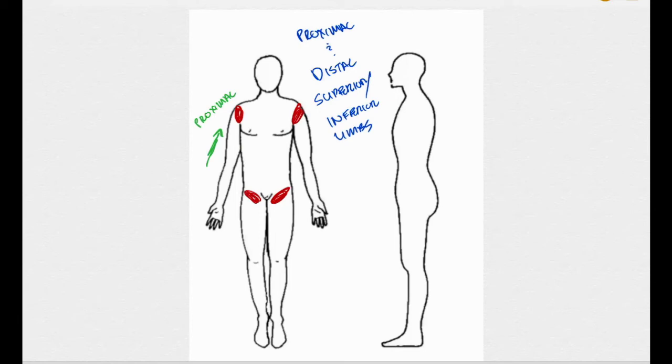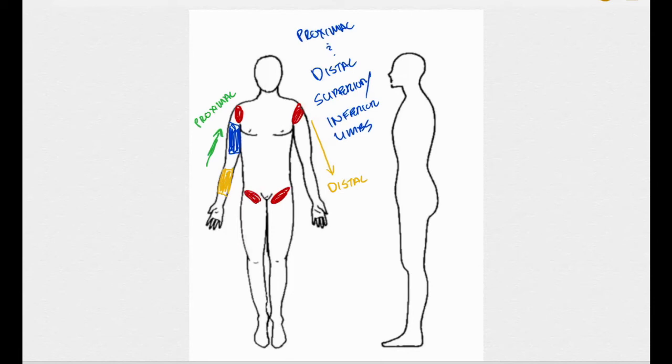Anything further away from that attachment point is going to be distal. An example: my antebrachium is distal to my brachium. Meaning my antebrachium is further away than my brachium is in reference to the attachment point of the superior limb.